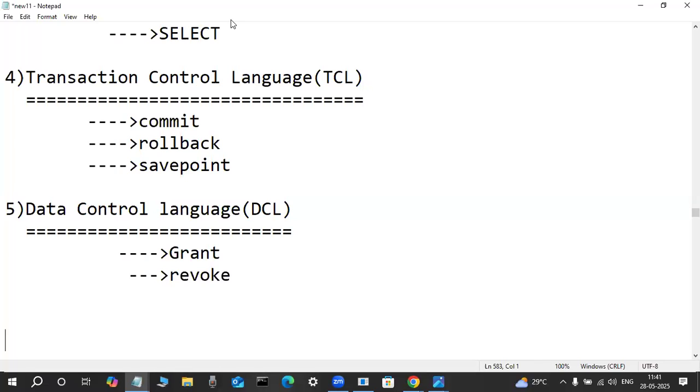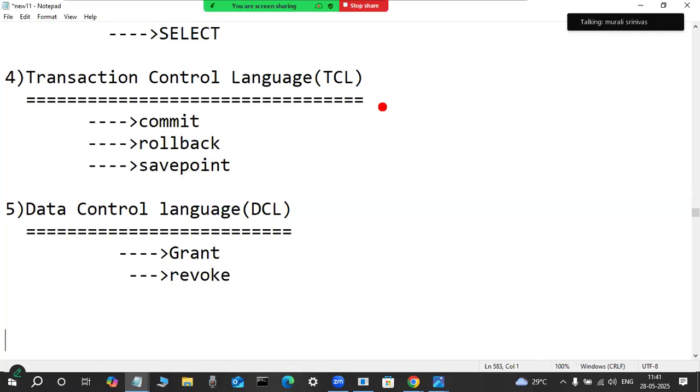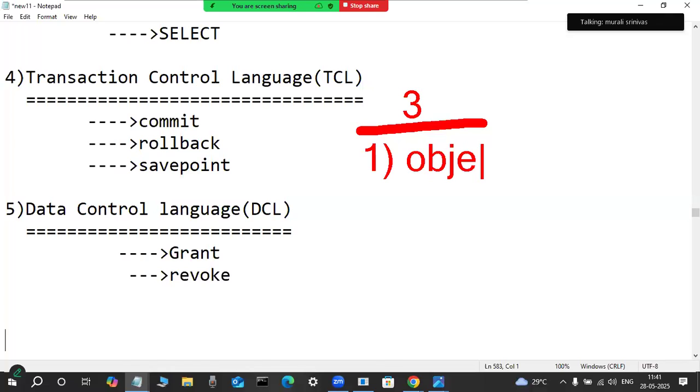There is a reason. What is the reason? Observe the screen. Actually, every relational data model product mainly consists of three components. Every relational data model product, either Oracle or SQL Server, DB2, Sybase, Informix, all these database products. The first one is a collection of database objects.